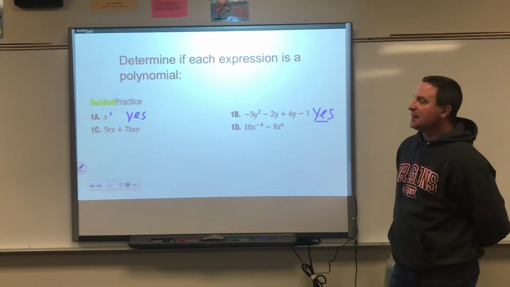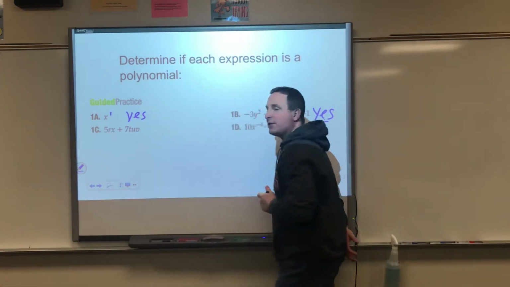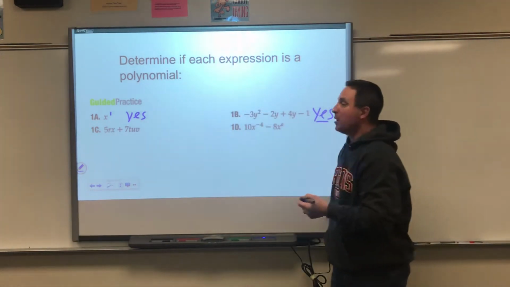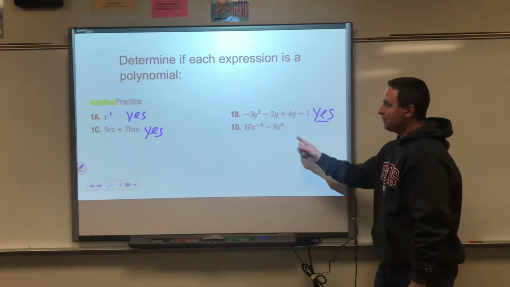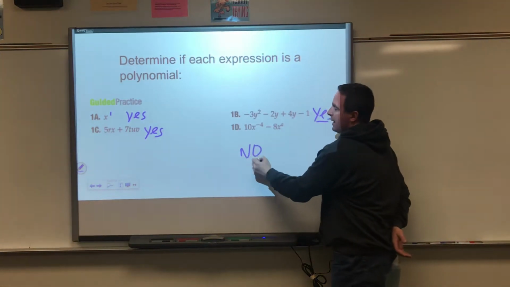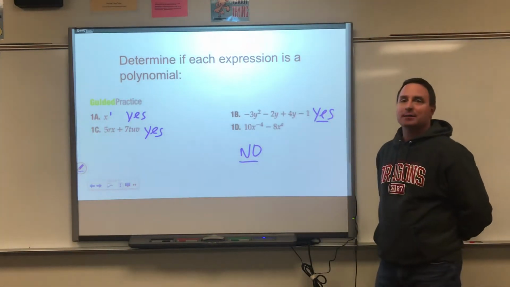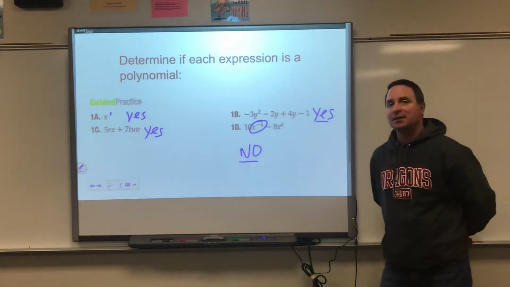Okay, how about 1c though? Can it have more than one letter in it? Can it have an r and an x, a t and a v? It sure can. It can have multiple variables in it. And yes, that one is also. The letter D here though, this one is a no. There's a couple things wrong with this one that make it not be a polynomial. First of all, I see a negative exponent right there, x to the negative 4th.